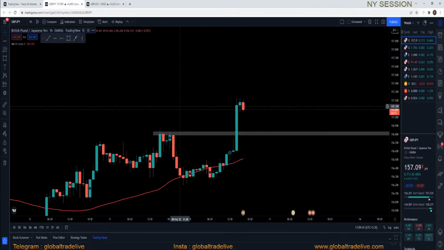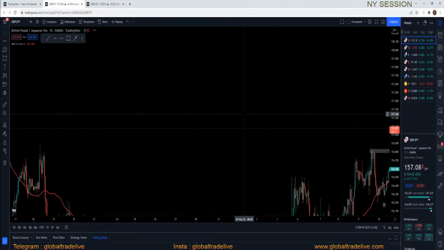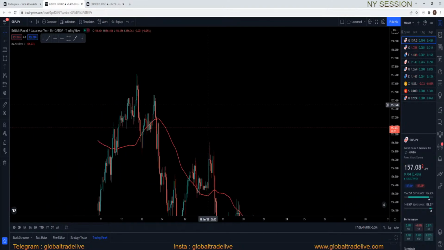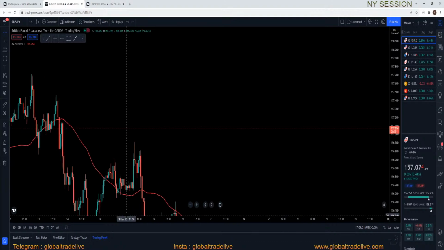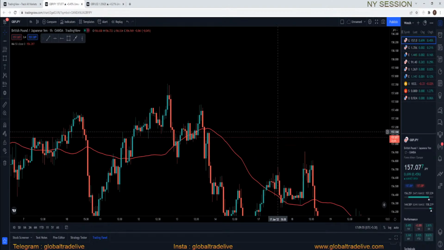Let's see. Now we need to draw our target area as well in the 1-hour. So if we look at the 1-hour, the 1-hour time frame can reject.